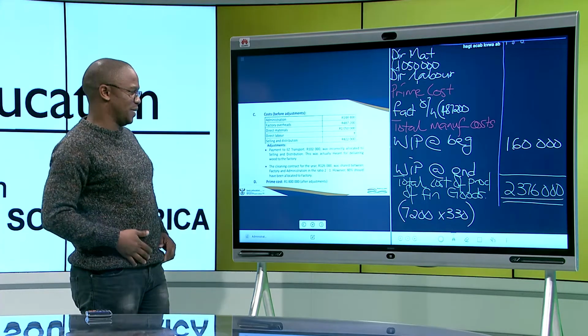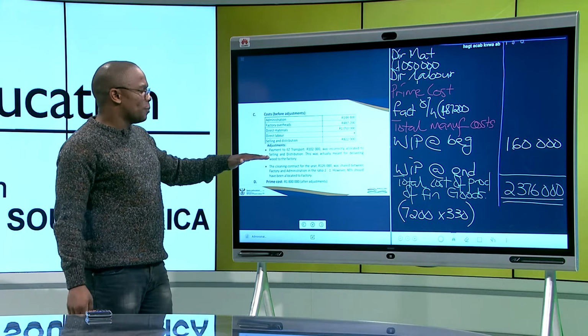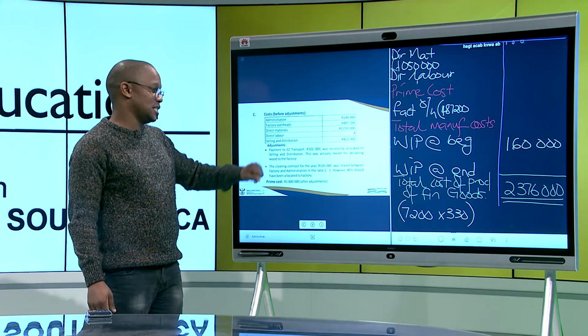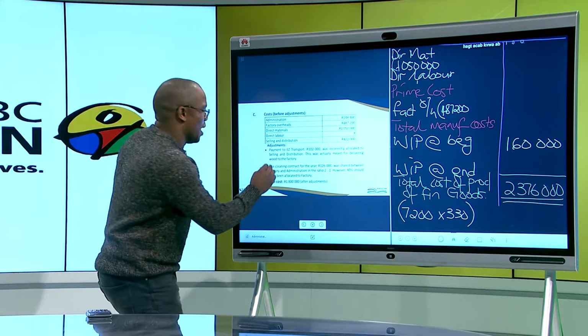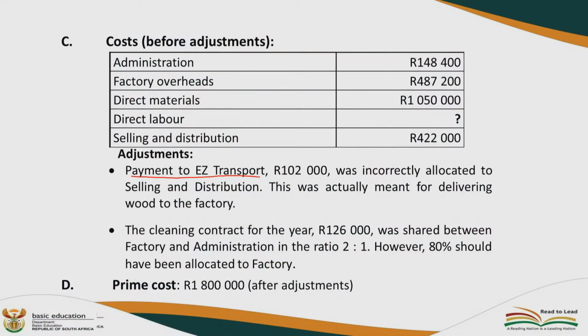Then let's go to adjustments. They say payment to EZ Transport of 102,000 was incorrectly allocated to selling and distribution. This is key. It was incorrectly allocated to which cost?